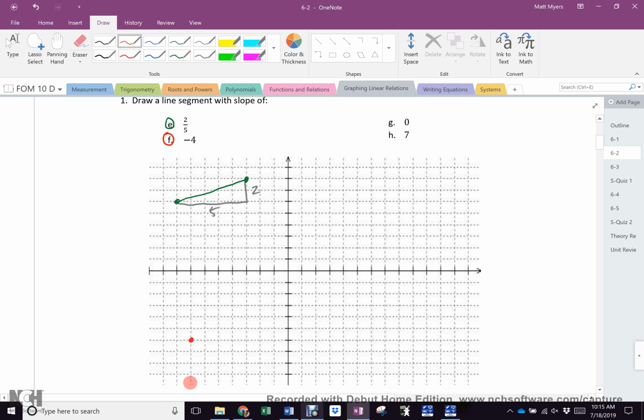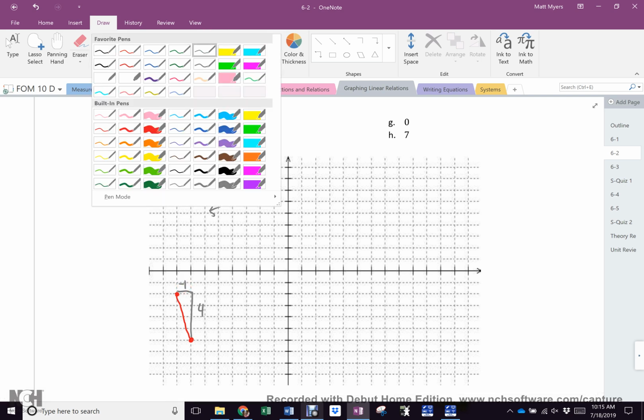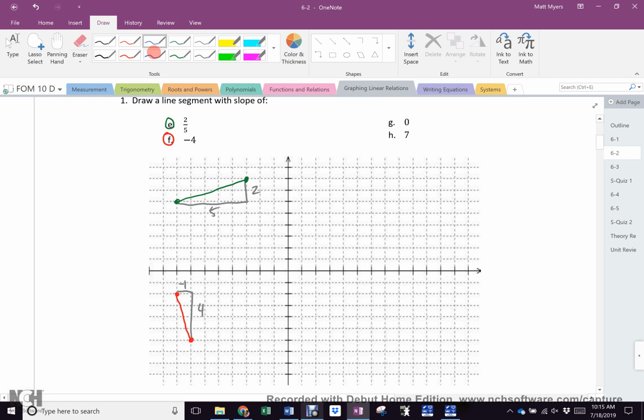So what would I be better to do? Up. 1, 2, 3, 4. If I've had to go up, where must I go to make sure I keep a negative slope? Left. Don't say over, say left. And that will give me this triangle. 4 and -1. Because 4 divided by -1 is indeed -4.